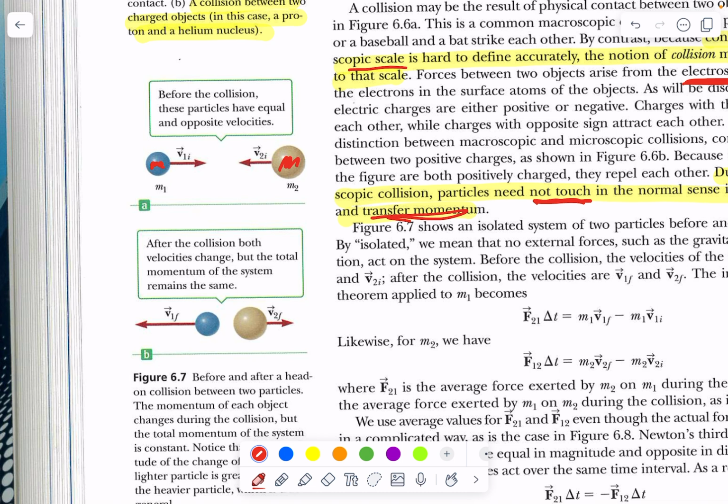Let's say they both have the same charge, and so they repel each other. And let's say we have a proton, so this would have a positive charge, and this would be a helium nucleus, which has 2 protons, so this would be 2 positive charge.